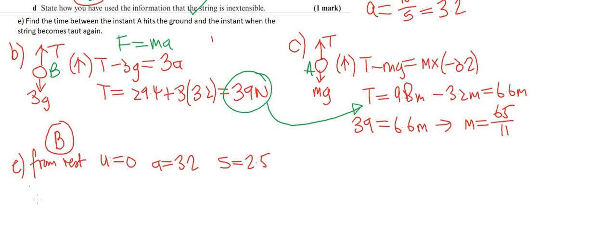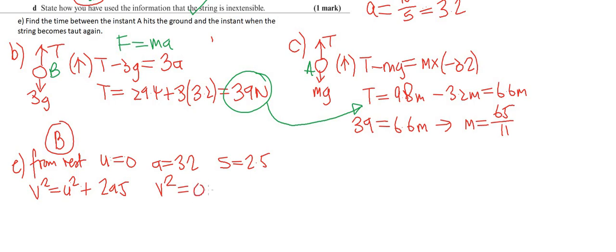Right, so let's use one of our SUVAT calculations. So we use v squared equals u squared plus 2as. Well then v squared, remember I want the final velocity, so how fast it's going when A stops.